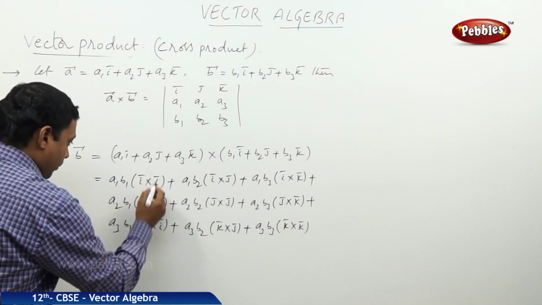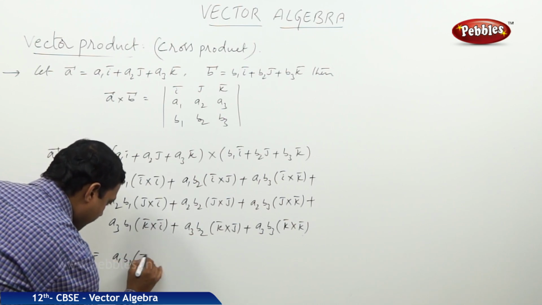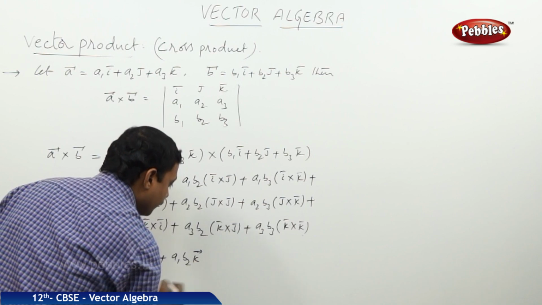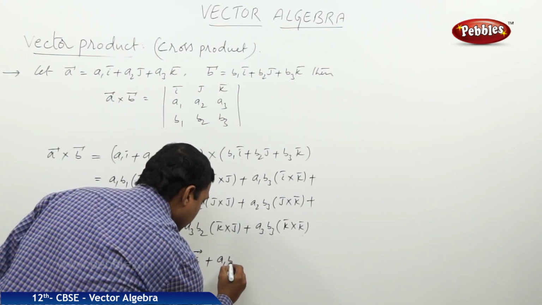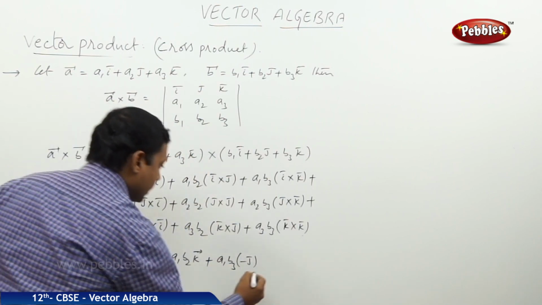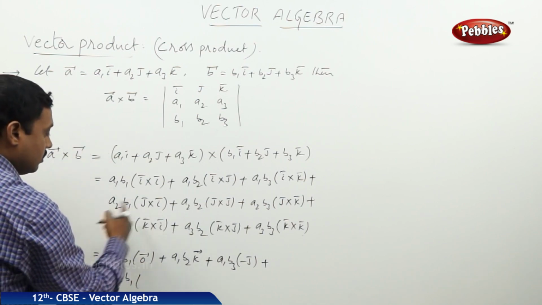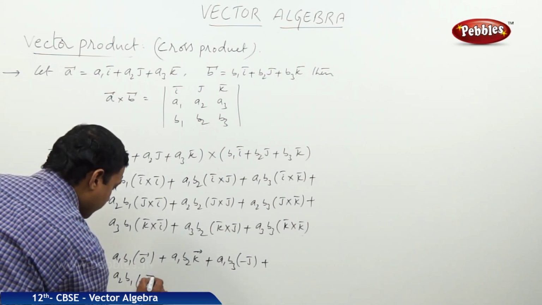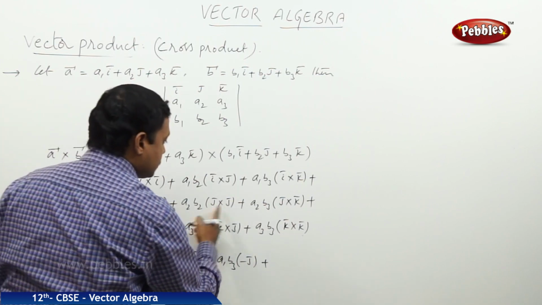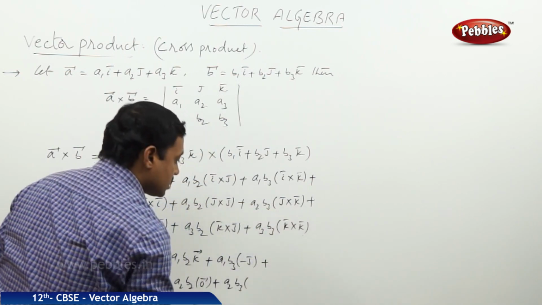Substituting the corresponding values, it becomes A1 B1 0 bar plus A1 B2 k vector plus A1 B3 i cross k, which is equal to minus j, plus A2 B1 j cross i, which is equal to minus k, plus A2 B2 0 vector. Why? Because j cross j is null vector.